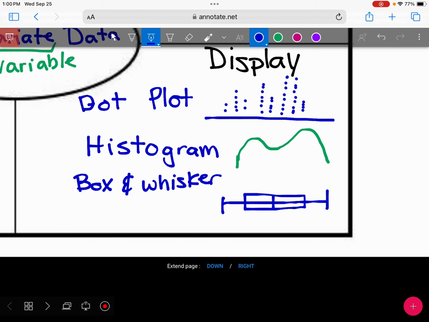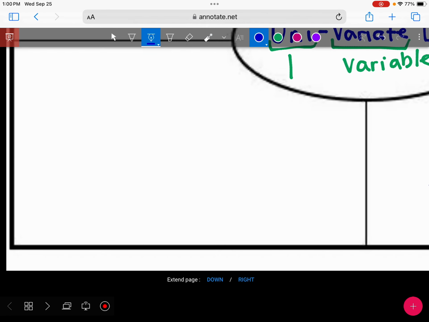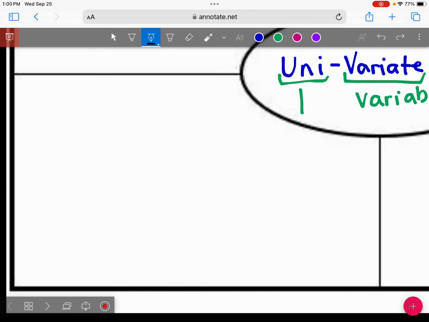So those are the 3 ways we're going to show the information. And then we're going to talk through an example or so. So our example of univariate data could be something like the average height of people in class.